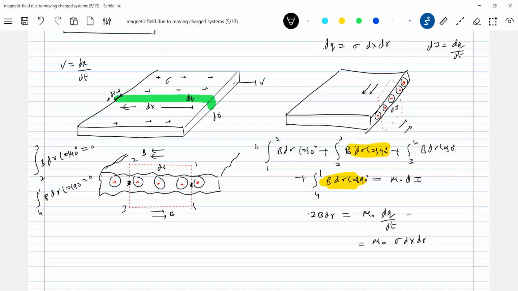Sigma dx dr by dt. Sigma, okay, dx by dt we can write as v. So this is dr. So finally, B equals mu naught sigma v by 2.